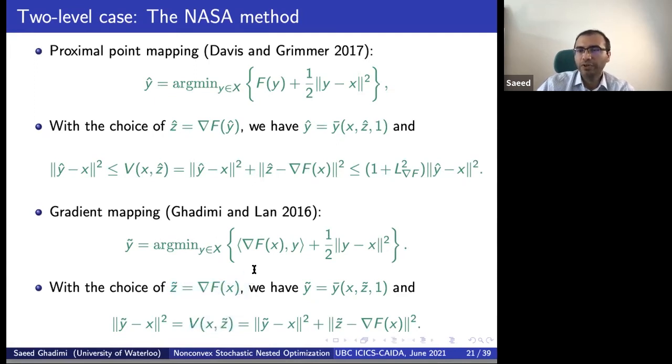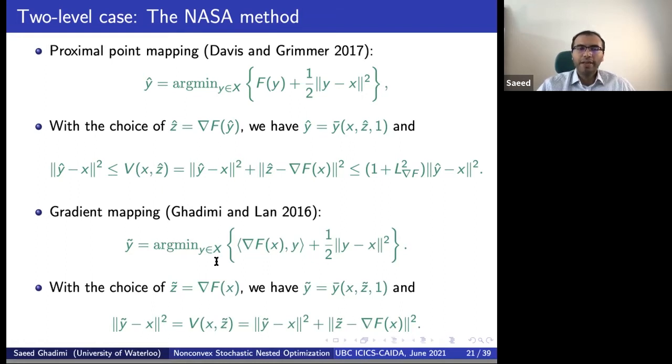However, under a stochastic setting, we cannot calculate this z tilde and this z bar because it's just the gradient of f at y bar or x, and we don't know the gradient of the objective function. However, in our case, we can calculate the zk. So zk would be an online certificate for the value of the gradient of the objective function.